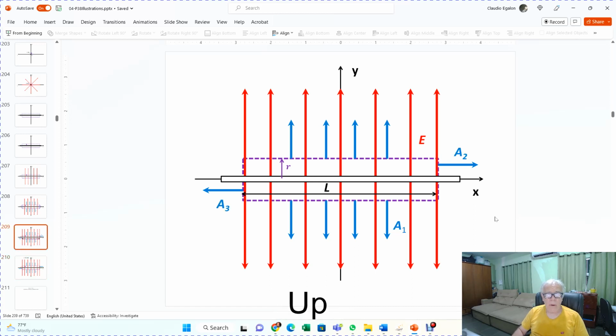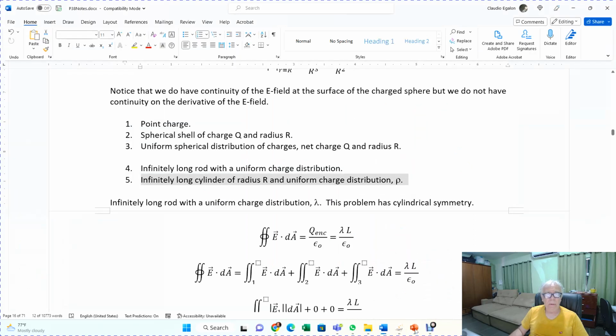I am calling the length of the cylindrical surface L. Let's see how it turns out to solve the problem in terms of Gauss's law.